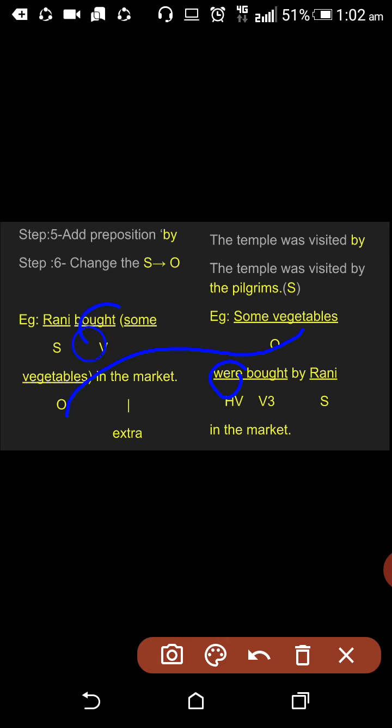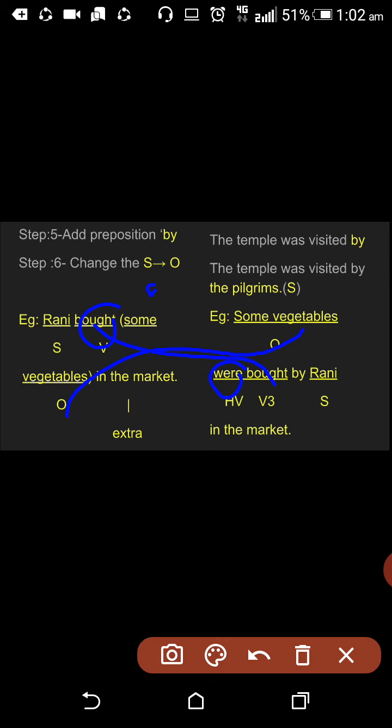Bought is V2 form. I have changed bought again to V3 form. The V3 form of bought is bought only again. V2 form is bought, V3 form is also bought. That's what I have used here.